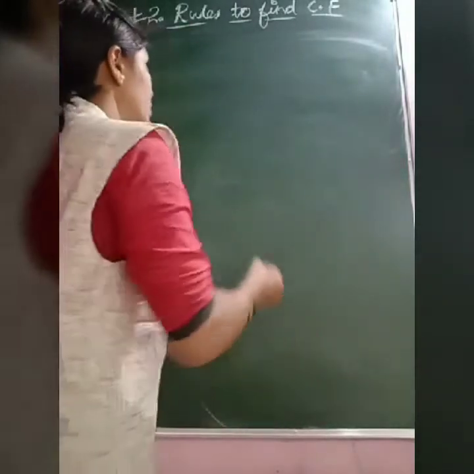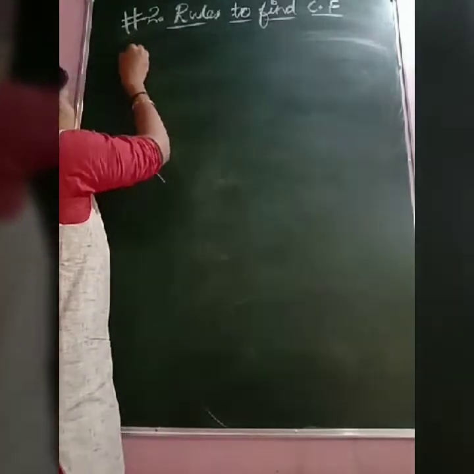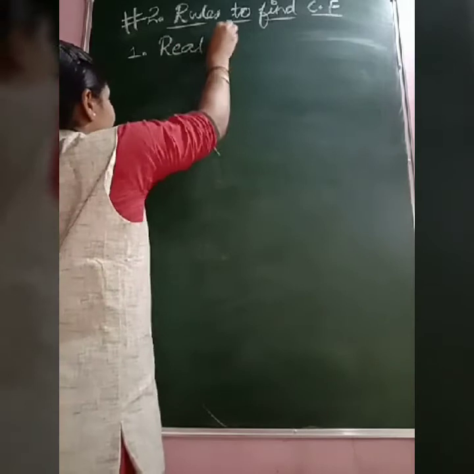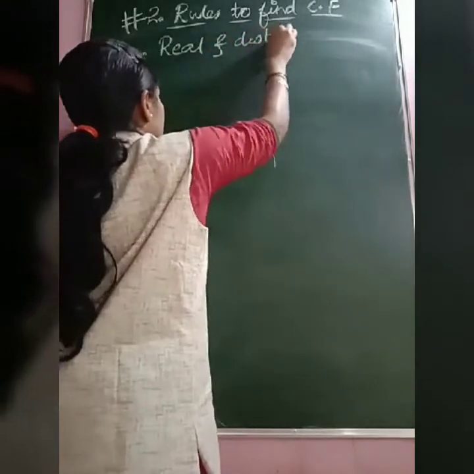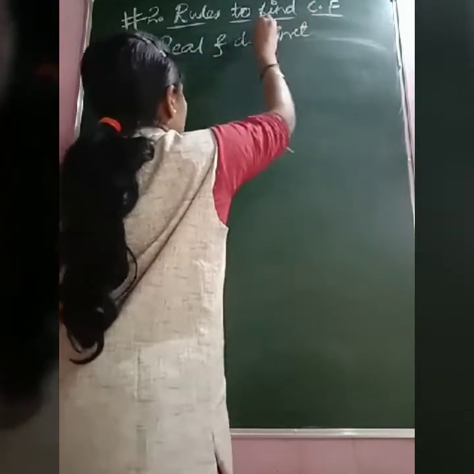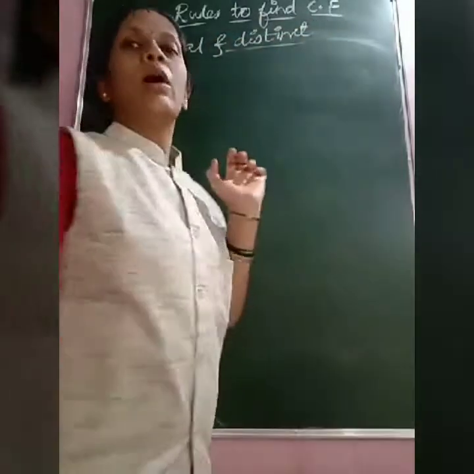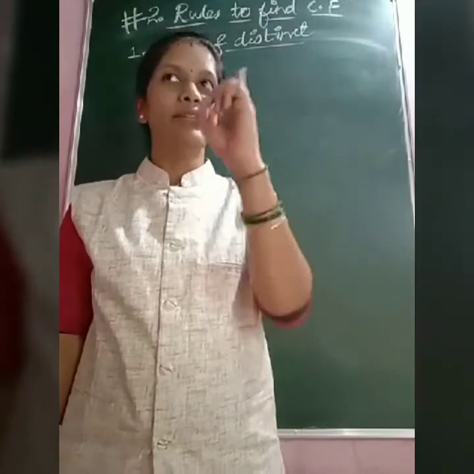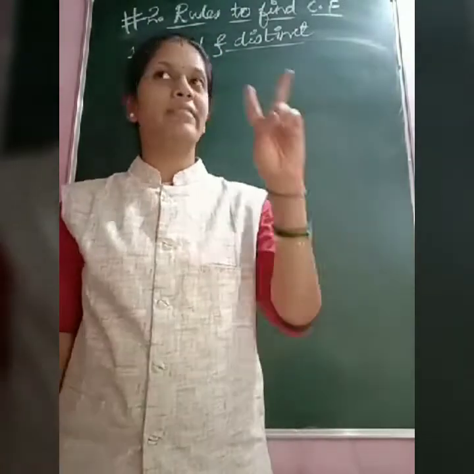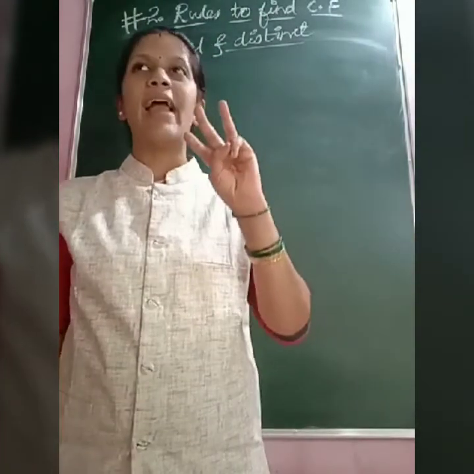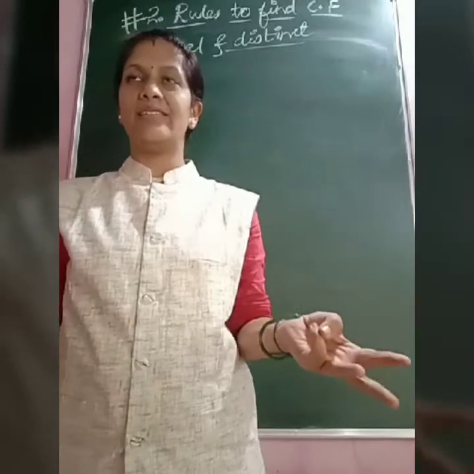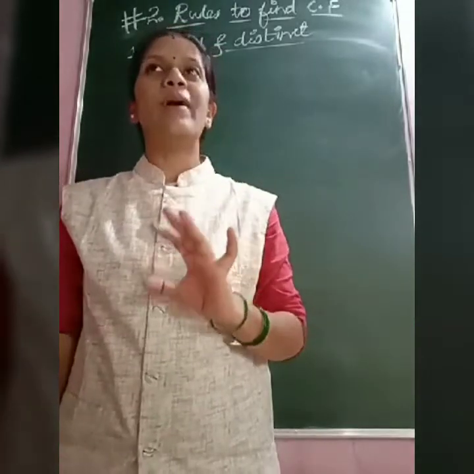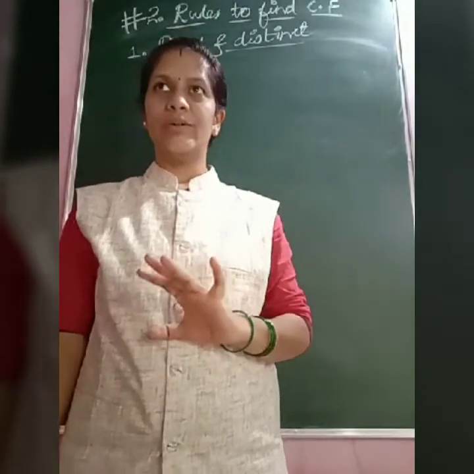First, the roots can be real and distinct, it can be real and equal, or it can be complex or imaginary. So writing CF totally depends on the nature of the roots.